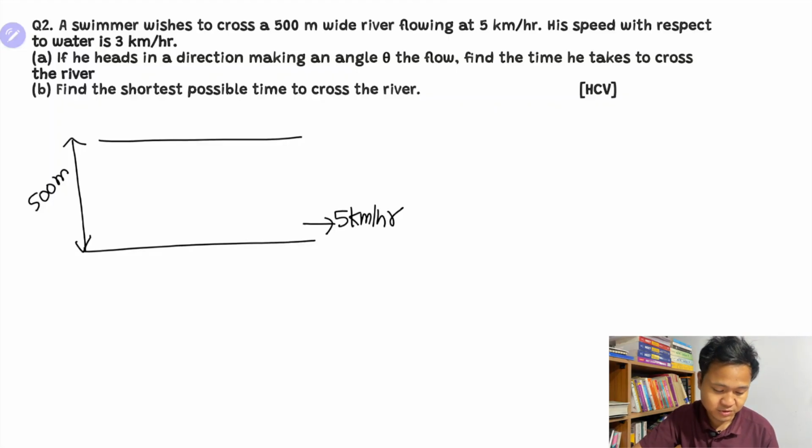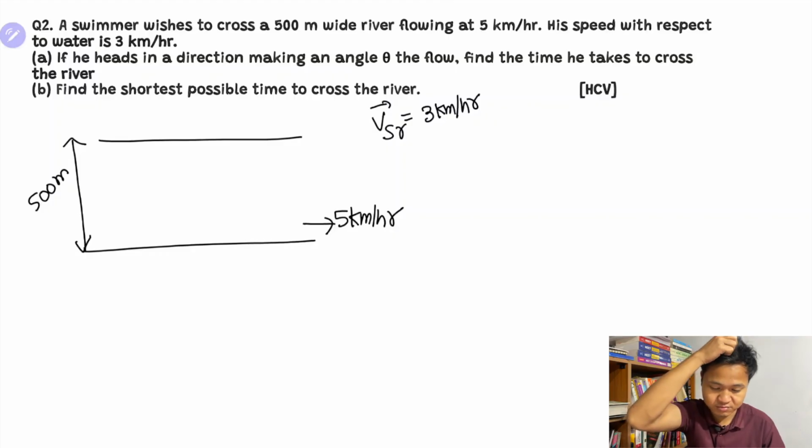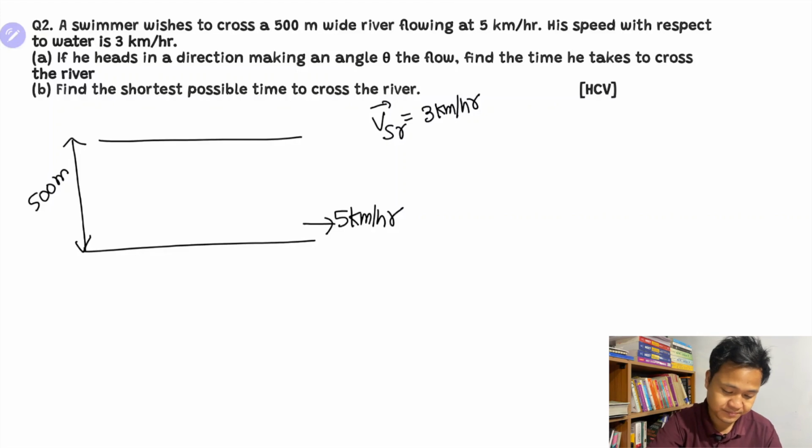His speed with respect to the water, so the velocity of swimmer with respect to the river, is given as 3 kilometer per hour. Question: if he heads in a direction that makes an angle theta with the flow, find the time he takes to cross the river.